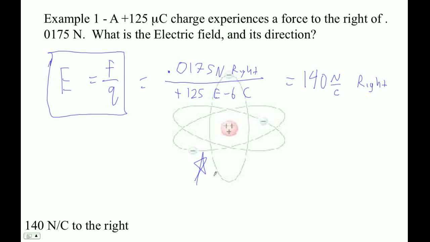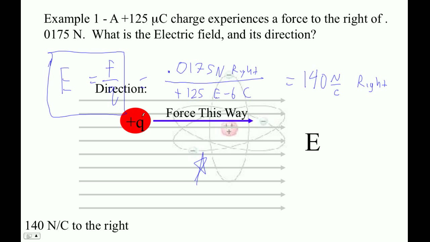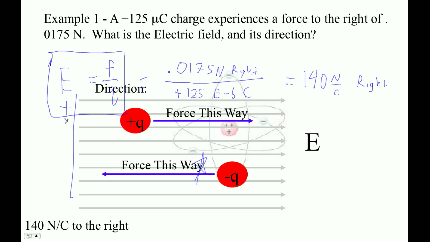Let's look at some other examples of the direction of electric field here. So for example, if the electric field is to the right, a positive charge would feel a force that way, but of course a negative charge would experience a force the other way. The reason for that is, if there's an electric field to the right, that means there's probably positive charge over here.